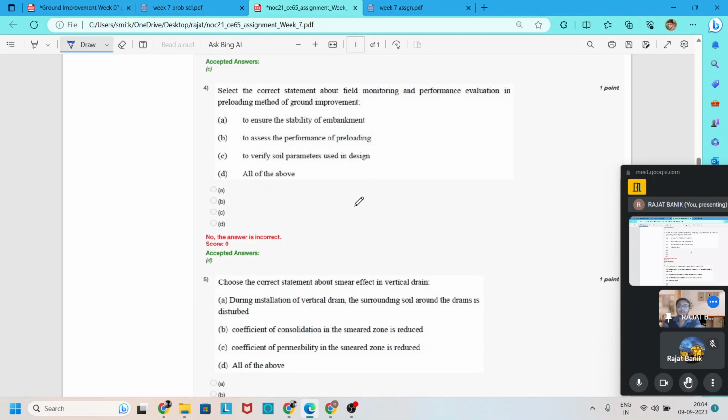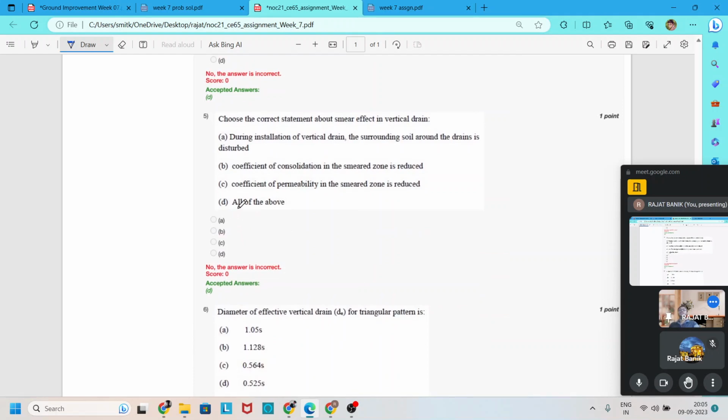So all the above option is correct, because when we apply field monitoring and performance evaluation, we ensure the stability, ensure the preloading performance, and also verify the soil parameters used in the design. So the correct option is all the above, option D.